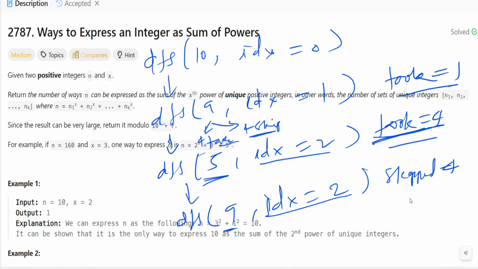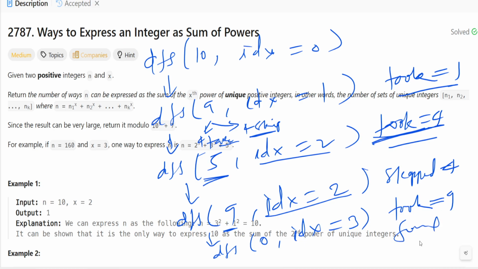Are you understanding? I'm talking logically, right? Similarly, after this, once you are taking or leaving, let's suppose further in the DFS you will take 0, where remaining is 0 and IDX is 3, means we took 9, and we found the value, we got 0 remaining.